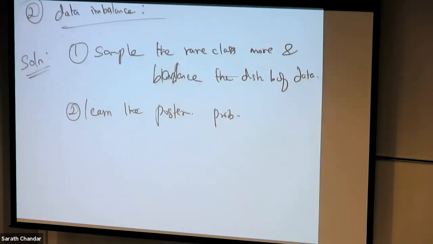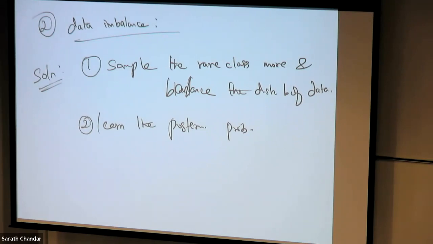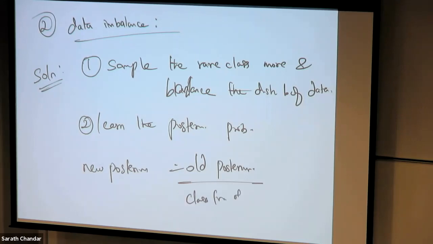Now it is actually very simple if you have access to P of Y given X, because the new posterior is given by the old posterior divided by the class fraction of the sample data, multiplied by the class fraction in the original data. Is that clear?